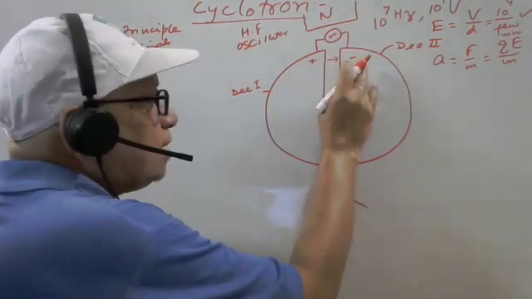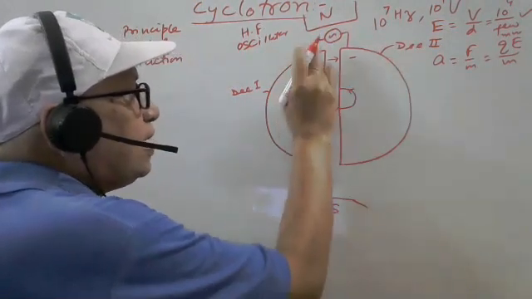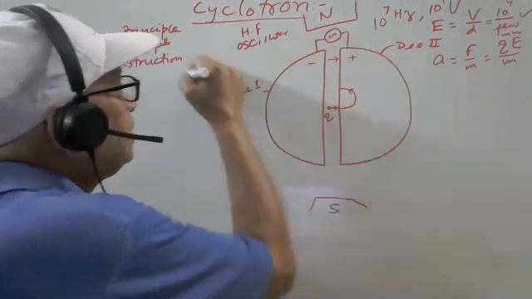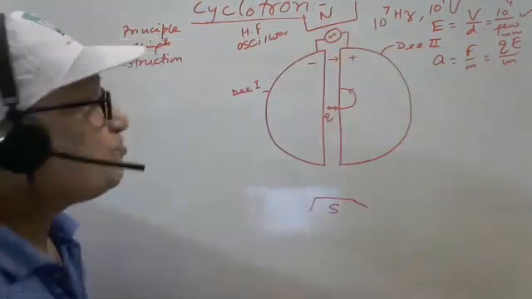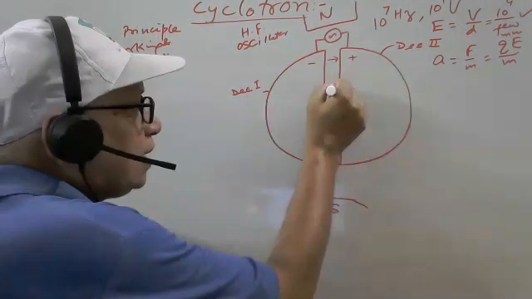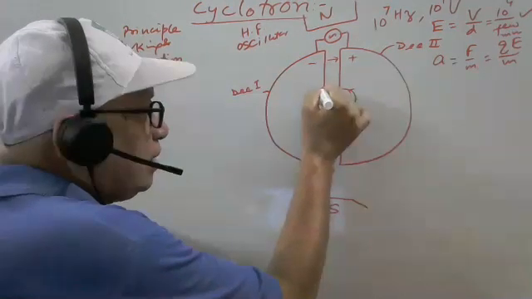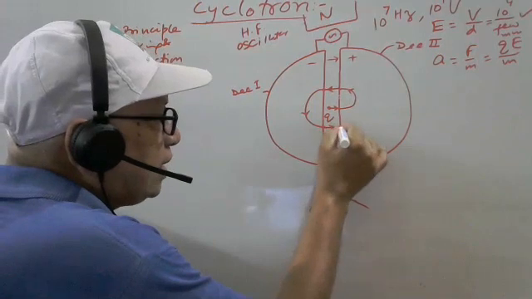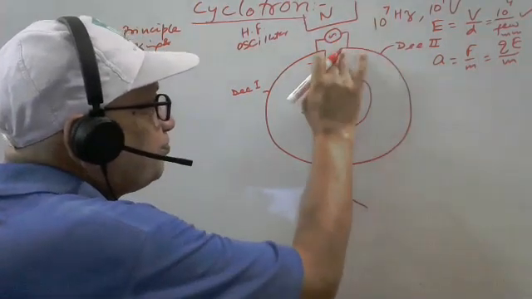As soon as it comes out from D2 to D1, the polarity changes because of this oscillator. It changes the polarity like this, AC. So it accelerates again. The magnetic field circulates it, and it accelerates this way.